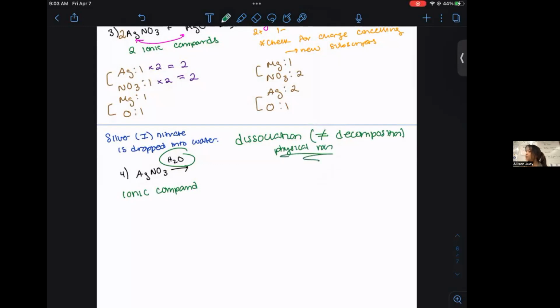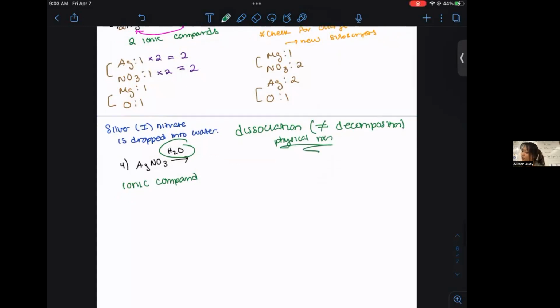Well, so what then are my products always? If it's a physical process of the splitting of ions in an ionic compound, what makes them unique? Your products are always what? If your ions are split, they always carry a what?